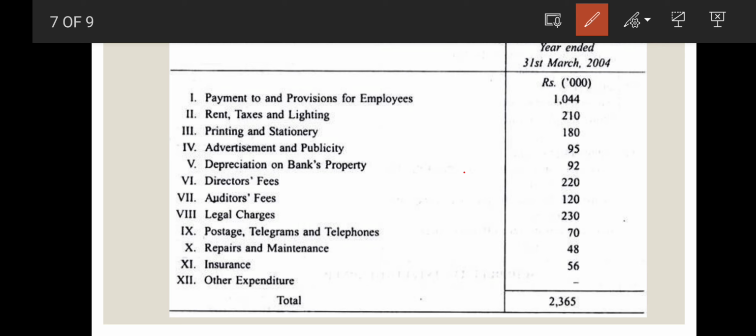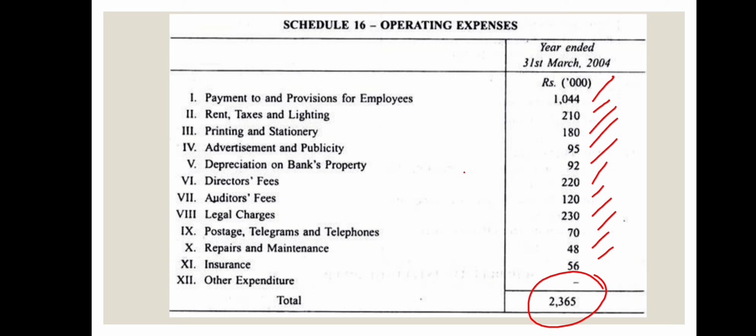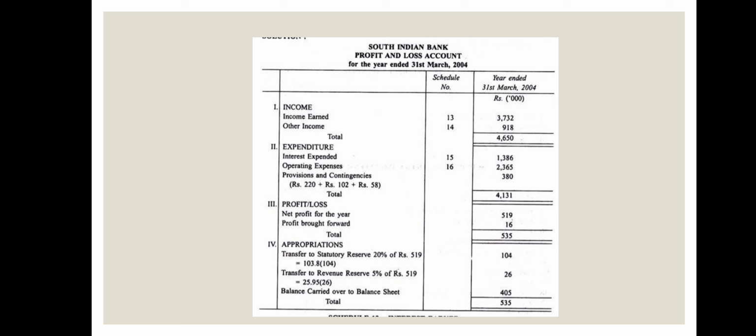Payment and provision for employees 1044, rent and taxes 210, printing and stationery 180, advertisement and publicity 95, depreciation on bank property 92, director fees 220, auditor fees 120, legal charges 230, postage, telegram and telephone 70, repair and maintenance 48, insurance 56. So the total is 2365. After we complete the schedules, we apply them in the format of the P&L account.